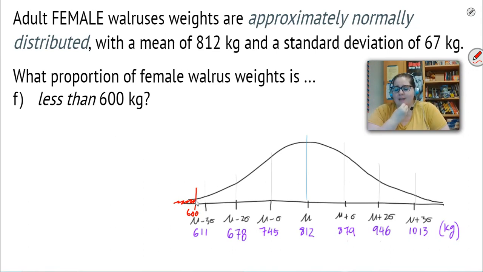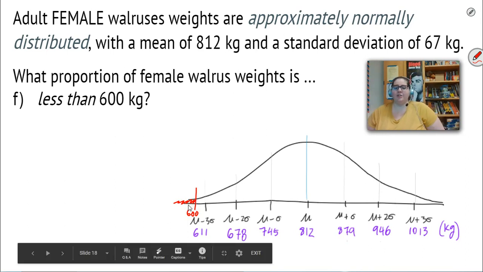When you get to the AP exam and you're actually writing things out, you will need to draw and shade your normal model to get credit. That is how you show your work. So probably for these couple of questions on this test, I might have you draw it on a sheet of paper and take a picture of it and turn it in, because that is how important it is.